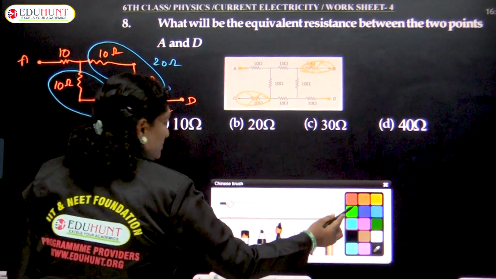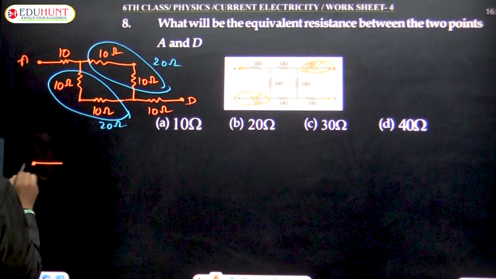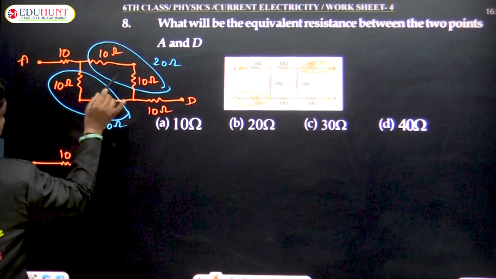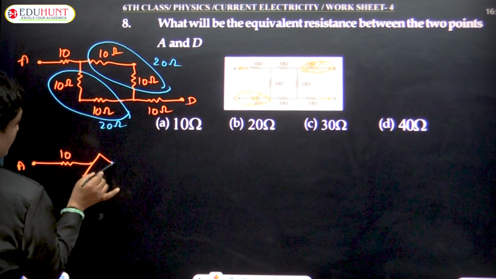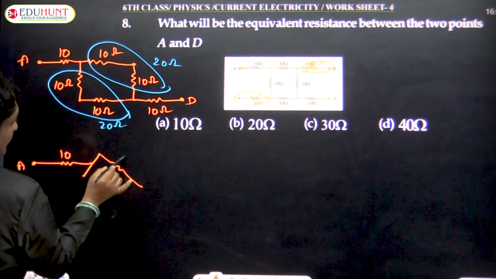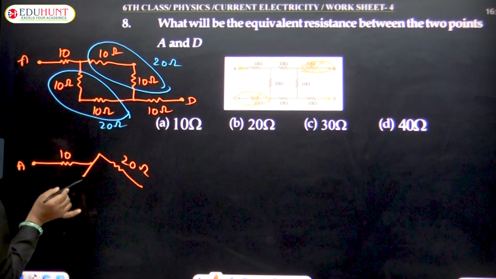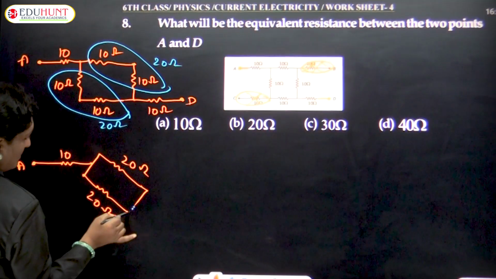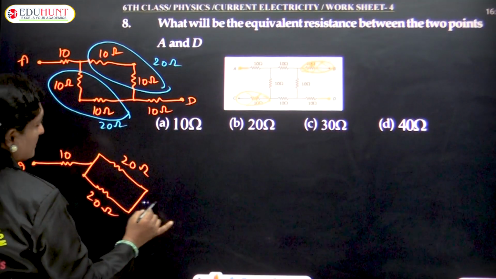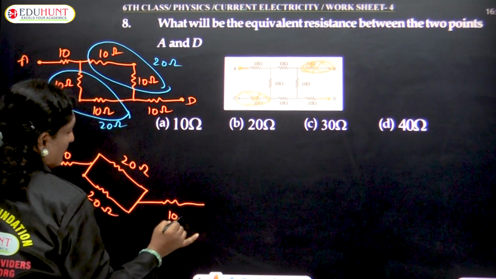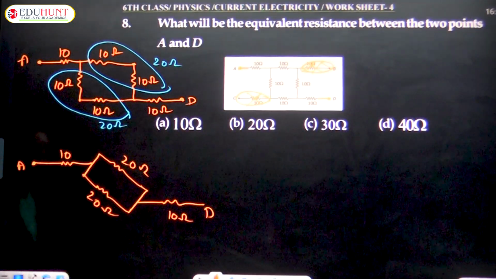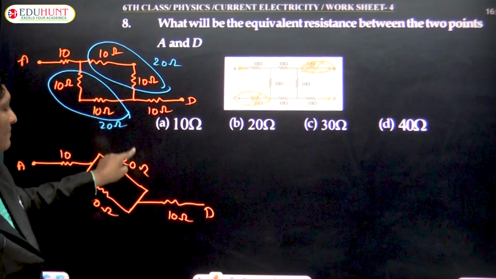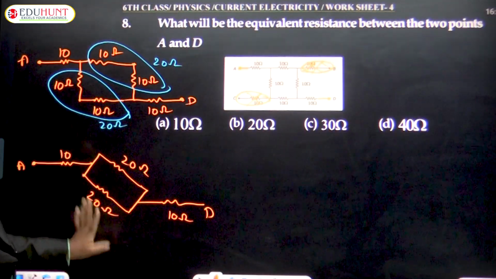Hence, the simplified portion for this is, here we have A, 10, these two I will just plot like this, these two we get as 20 ohms, these two also we get as 20 ohms, further connected to another value, that is 10 ohms. Okay. So this 10 here, this 10 here, simplified portion 20, simplified portion 20.